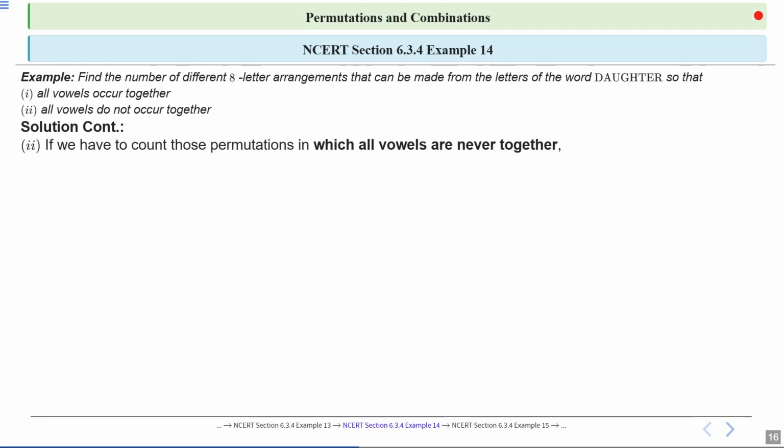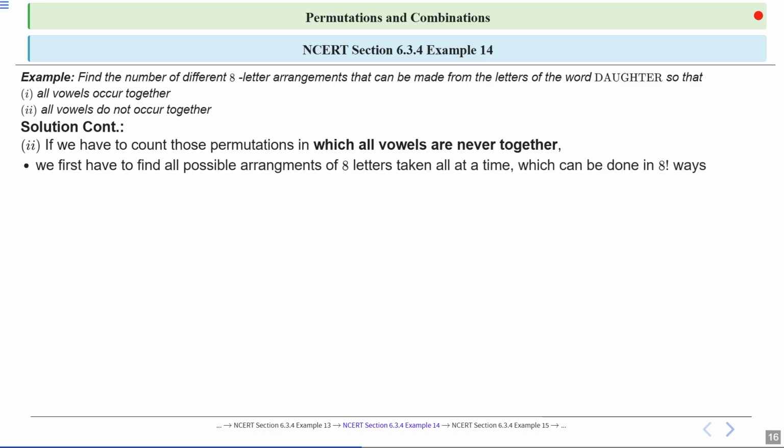So look, students, the second part of this example. We have to count those permutations in which all vowels are never together. So let's calculate how many different 8-letter arrangements can be made from the letters of the word daughter, so that all vowels do not occur together.